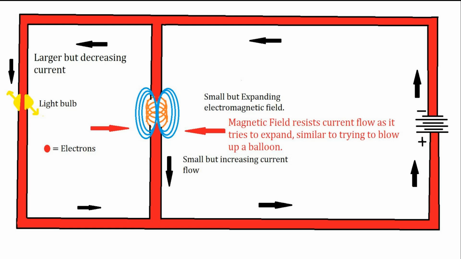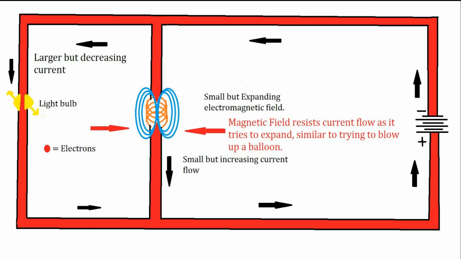This resistance to the current flow happens because the inductor is trying to build up a magnetic field that is resisting the current flow. This is called inductive reactance, measured in ohms, like regular resistance is. Since the resistance of the light bulb is less, most of the current takes the load route through the circuit, and the bulb will be lit.